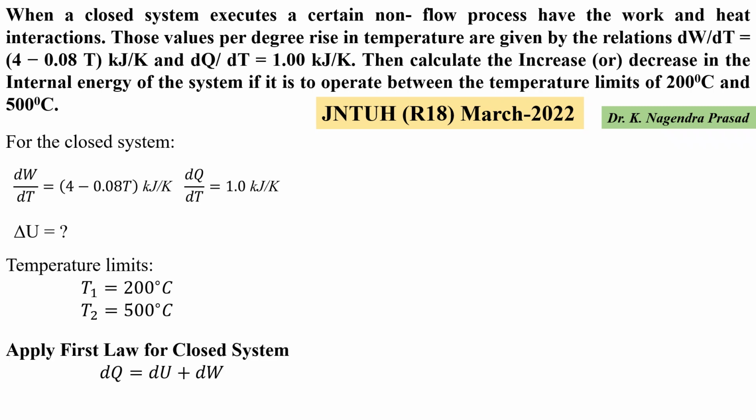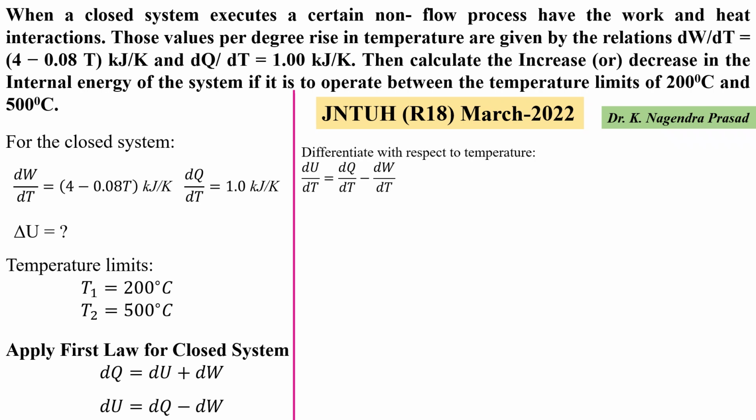First we have to apply the first law of thermodynamics for a closed system. We know that dQ equals dU plus dW. From this relation we can write dU equals dQ minus dW. Then differentiating with respect to temperature, the equation becomes dU by dT equals dQ by dT minus dW by dT.